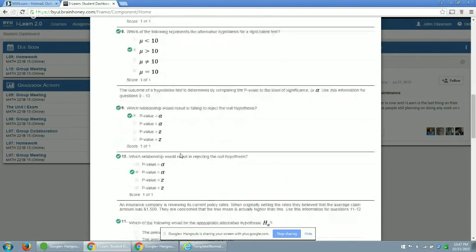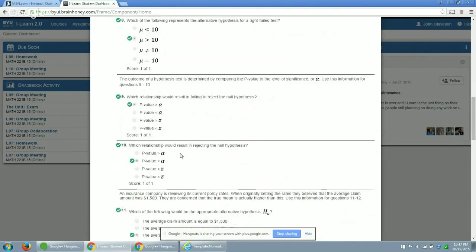Okay, the outcome of a hypothesis test is determined by comparing the p-value to the level of significance, or alpha. Use this information for questions 9 and 10. Which relationship would result in failing to reject the null hypothesis?